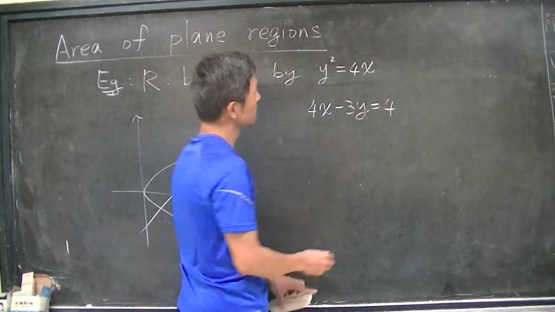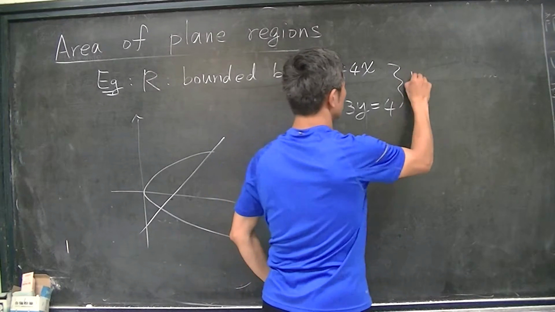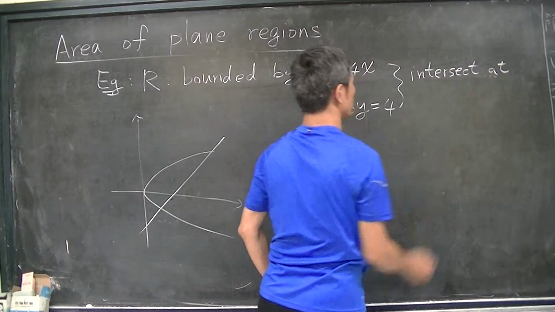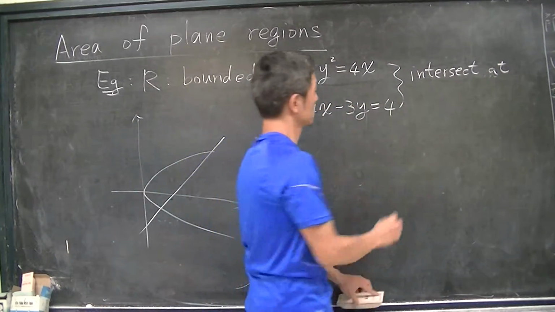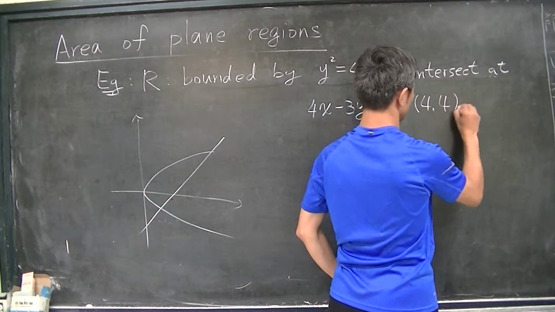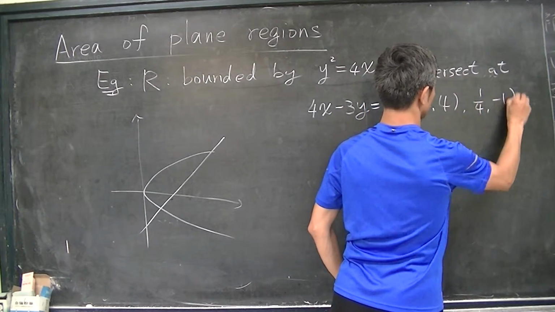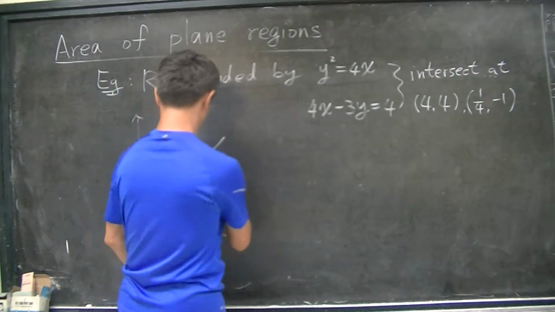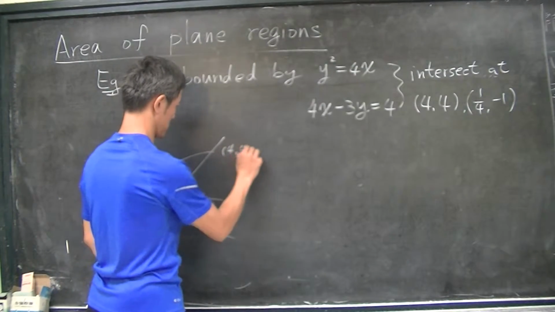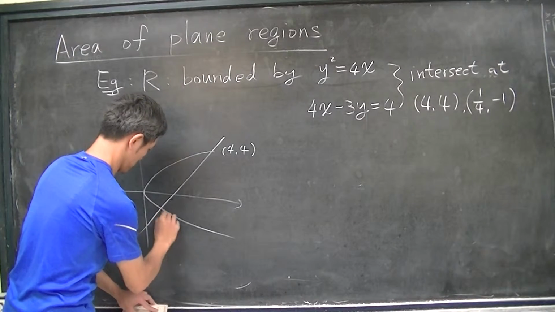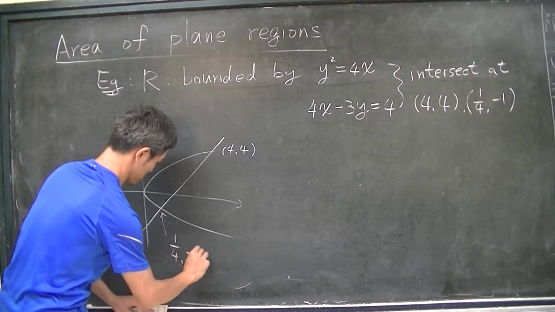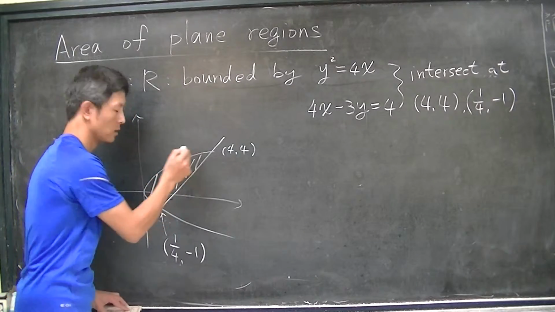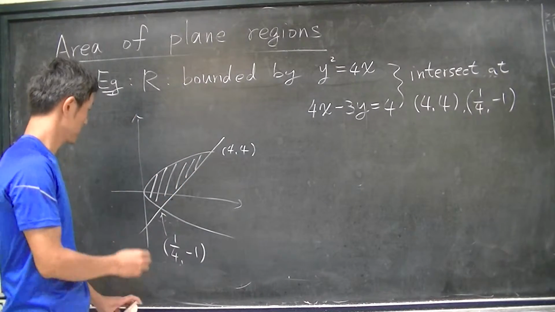If we solve these equations, we can see that they intersect at these 2 points, (4, 4) and (1/4, -1). Now this is the region we want to compute.